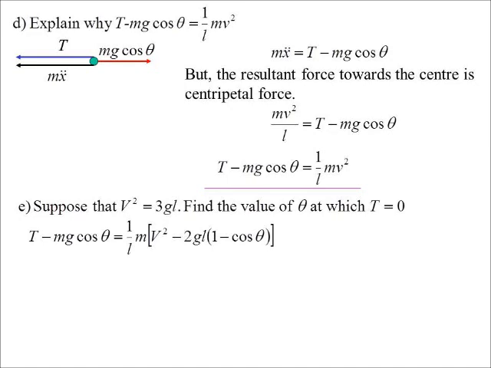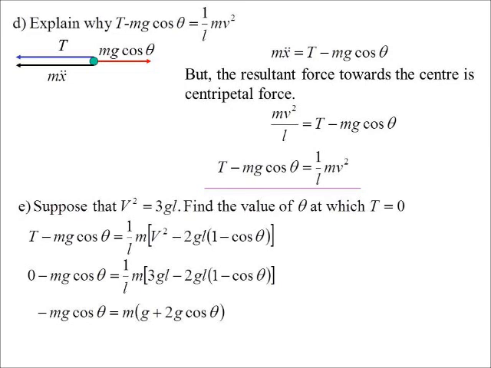But they've told me tension is 0, so I've subbed that in. So V squared is 3gl, which will cancel with the minus 2gl that we've got there. So minus mg cos theta is now mg plus 2g cos theta. And we will get cos theta is minus a third.